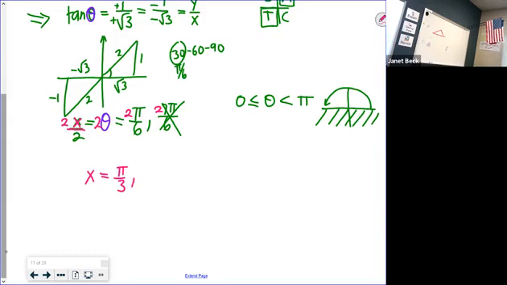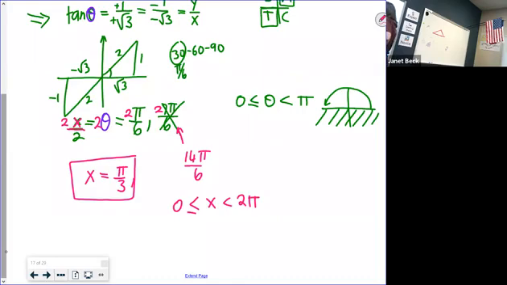And that was all. That's the only one we needed. If we'd left that one it would have become 14 pi over 6. Can you see that our original condition for x was 0 less than or equal to x less than 2 pi, and this is too big.